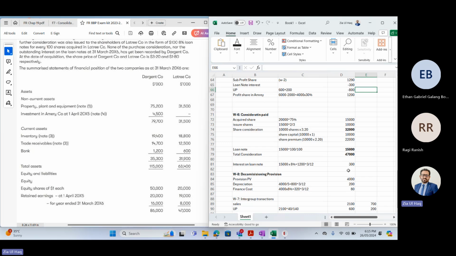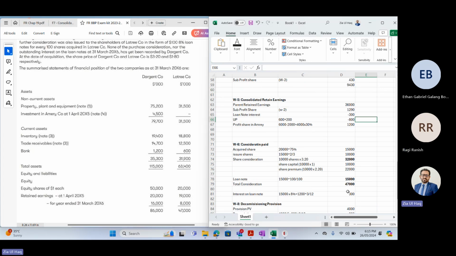Regarding decommissioning, have we adjusted this 80? That should be recorded in the profit and loss account, and it shouldn't be adjusted here. No, this was relating to the subsidiary. So that's it, I think.